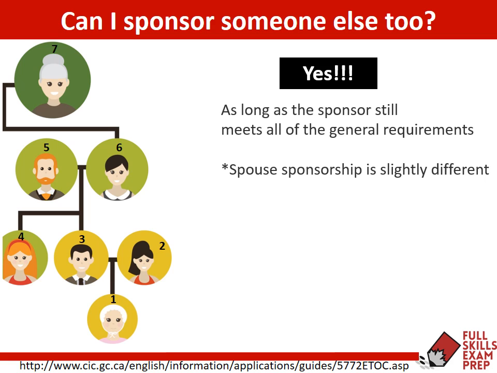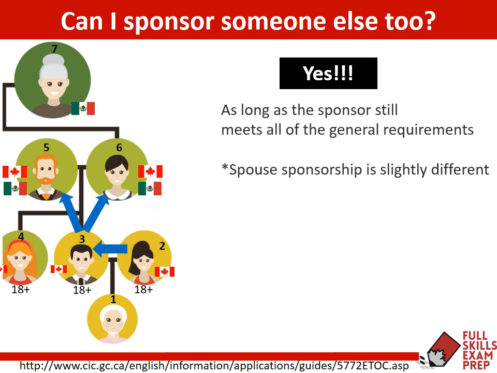Let's take a look at an example over here. The people at 2, 3, and 4, they're Canadian. Everyone's over 18. We'll assume that they meet the other requirements as well. And let's say that the gentleman at number 3 wants to sponsor his parents to become Canadian. Now his spouse would maybe co-sign with him for this, and then they would become Canadian.